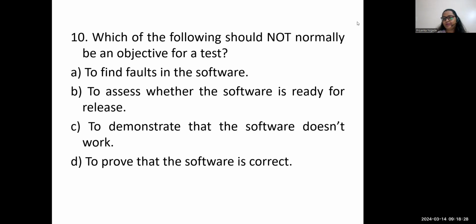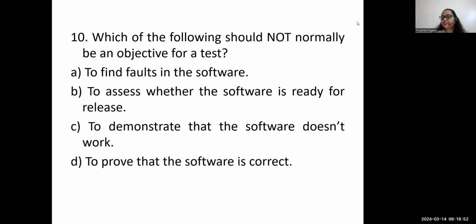Yes. So we are not here to prove that software is correct, right? In testing, you can identify defects, right? Okay, Nirmala, let me help you with this question. The question asked is, which of the following should not normally be an objective for a test?